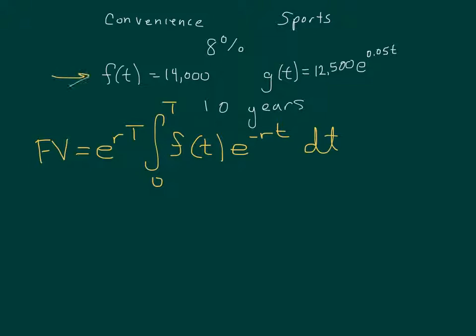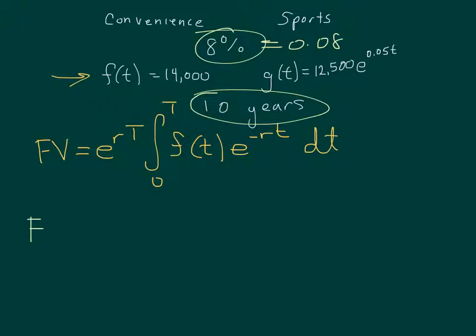For the convenience store, and actually for both of them, the R is going to be the same, 8%, or decimal 0.08, and both of the big T's are going to be the same, 10 years.